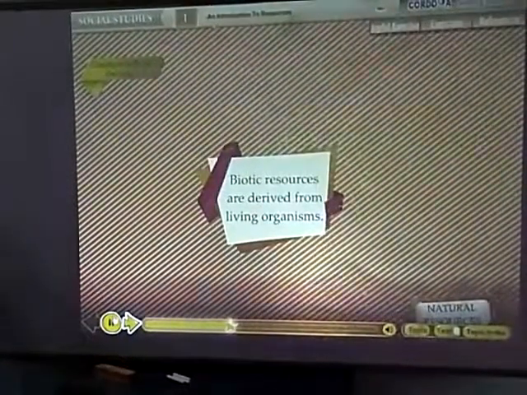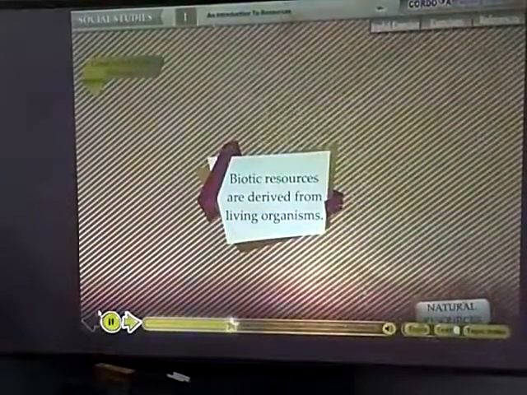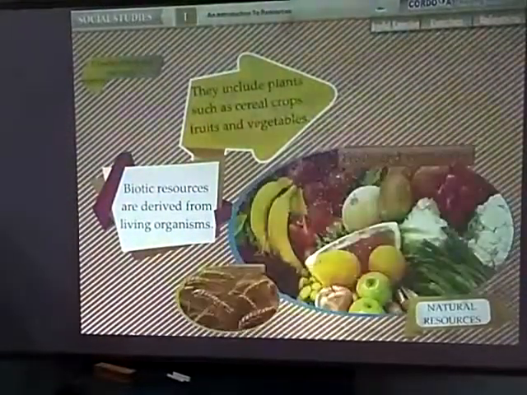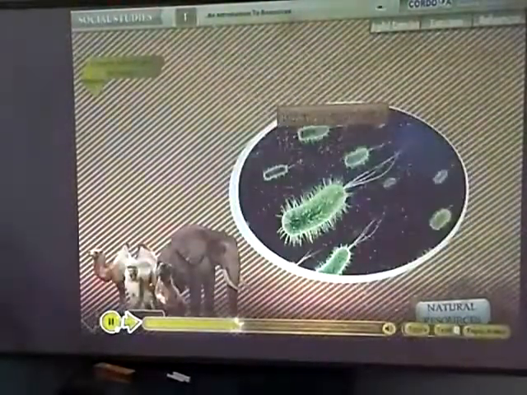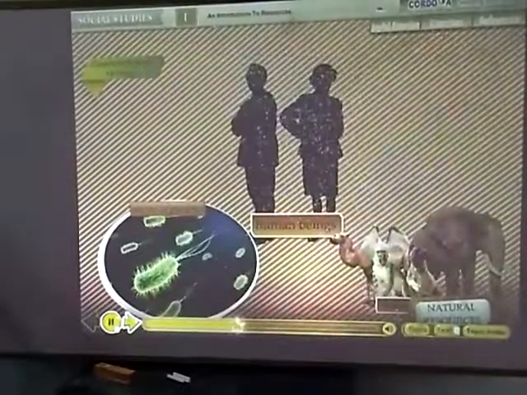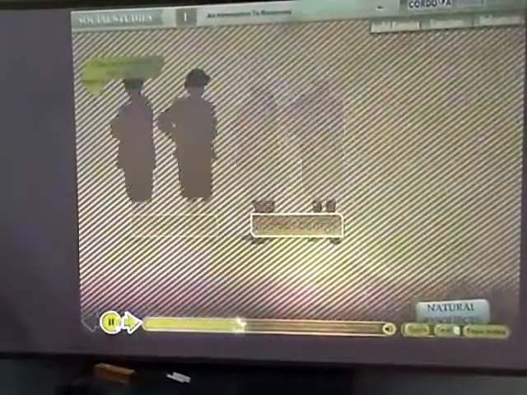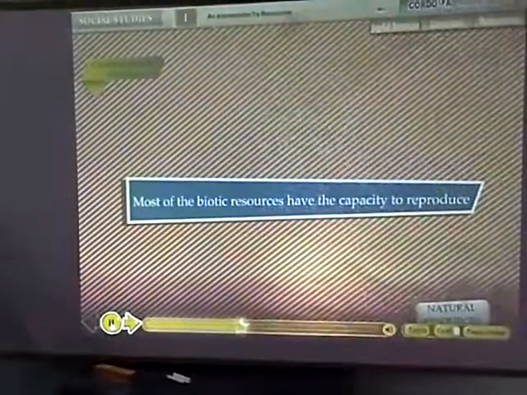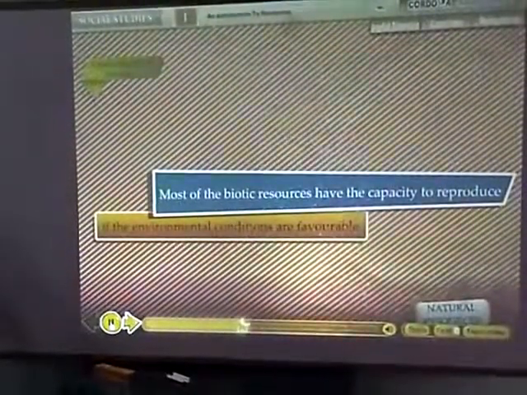Biotic resources are derived from living organisms. They include plants such as cereal crops, fruits and vegetables. Animals, microorganisms and human beings also belong to this category. Most of the biotic resources have the capacity to reproduce if the environmental conditions are favorable.